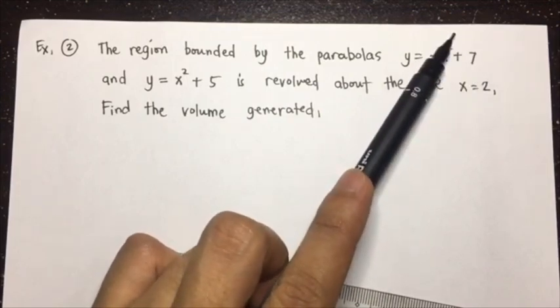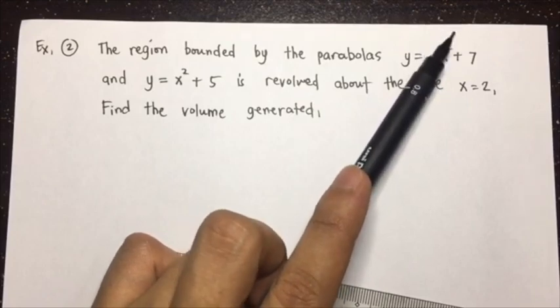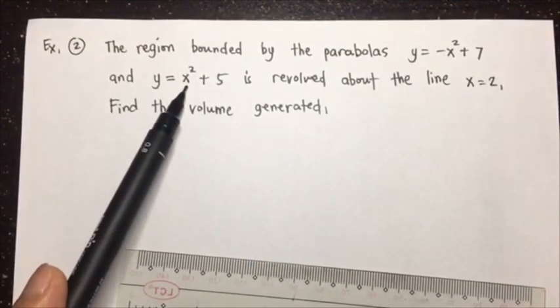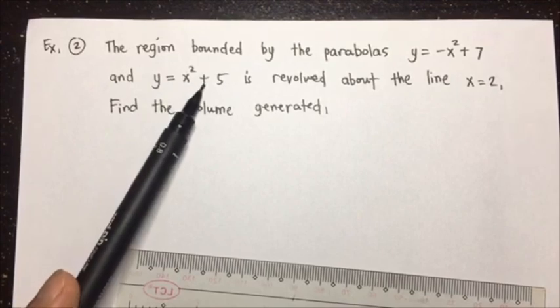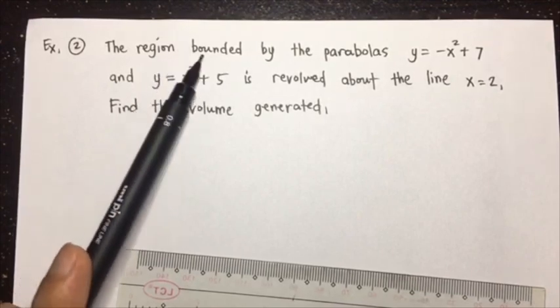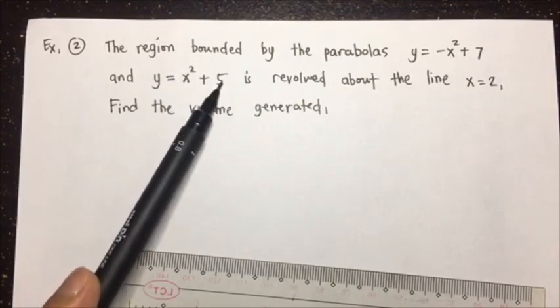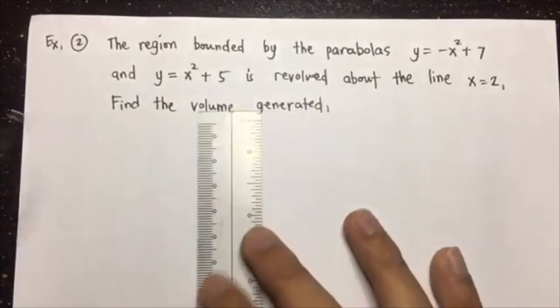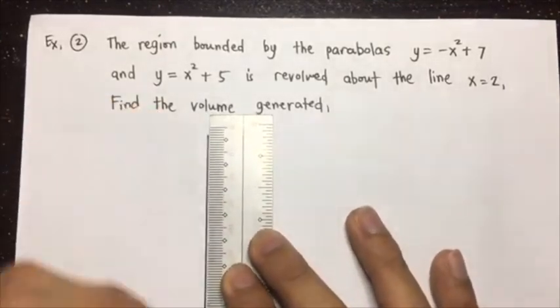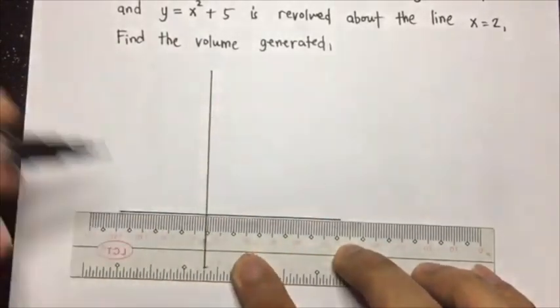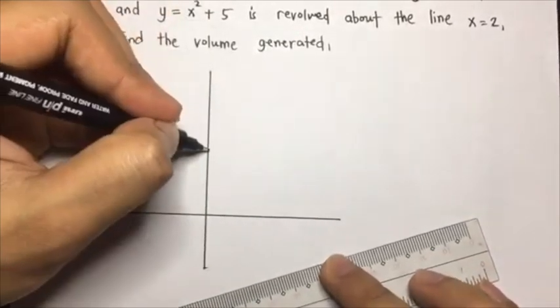So therefore its vertex is at y is equal to 7, and the parabola is opening downwards. On the other hand, this one opens upward, and its vertex, if we set x is equal to 0, is y is equal to 5. So therefore it's a pair of parabolas facing each other. Say we have y is equal to 5 here.